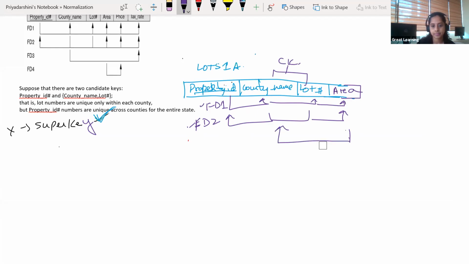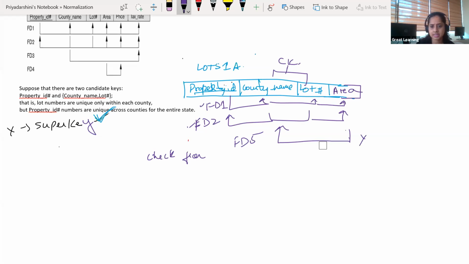This is my FD5. Now check whether FD5 is in 3NF. I think all the others are satisfying.